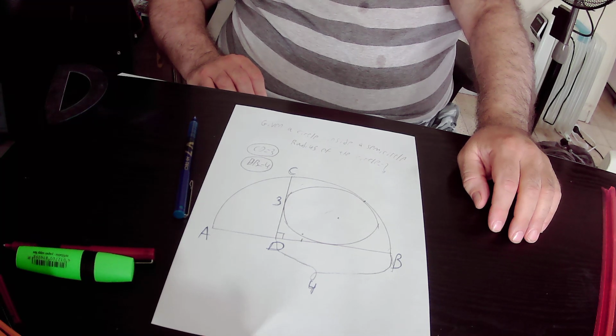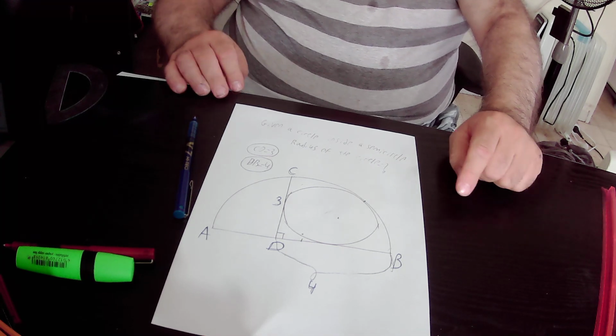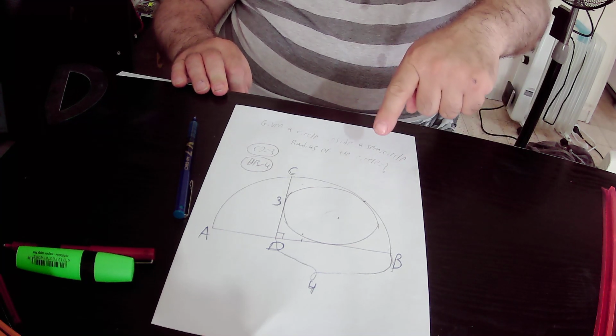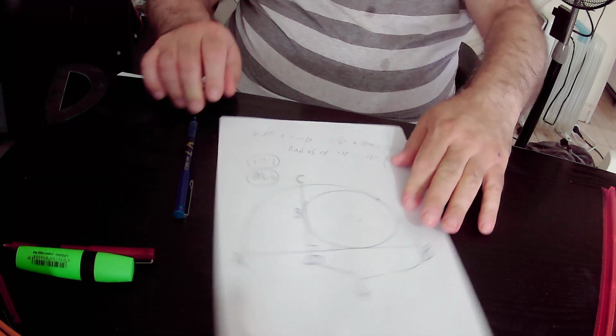So first of all, we will make a construction. We will complete the semicircle to a circle.